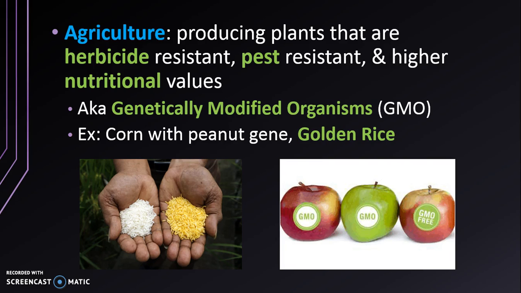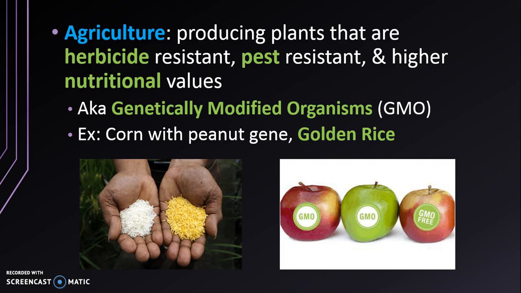Another application would be in agriculture, producing plants that are genetically modified to have pesticide resistance, herbicide resistance, and higher nutritional value than they normally do. Because if I'm a farmer, I want to make sure that I can spray herbicides and get rid of all the weeds without killing my plants. I also want to make sure that I can kill off any insects that want to eat my food, again, without killing my plants.